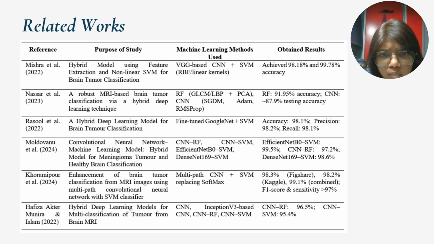Following by Moldovanu, this study evaluated several hybrid models, including CNN-RF, CNN-SVM, and EfficientNet-B0 SVM. Among these, EfficientNet SVM achieved the highest accuracy of 99.5%, followed by DenseNet169 SVM at 98.6% and CNN-RF at 97.2%.